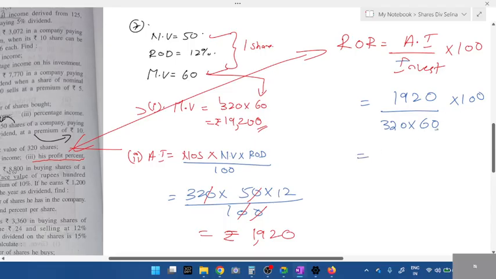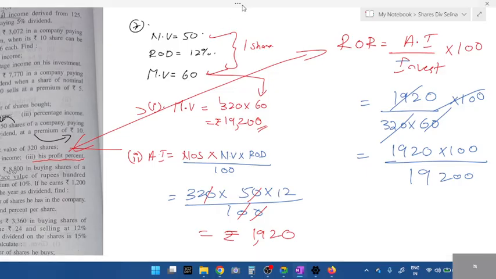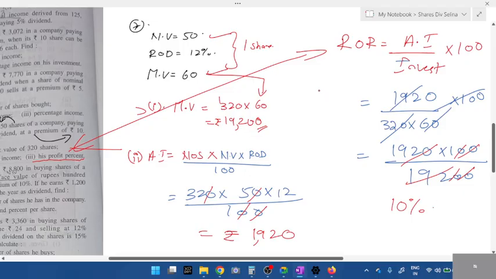Yes, complete this. Reduce zeros. You can reduce and cancel, or you can just write 19,200. So two zeros get cancelled. It goes 10 times. Answer is 10%.